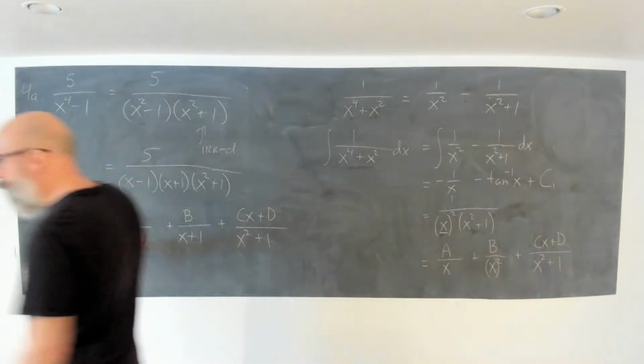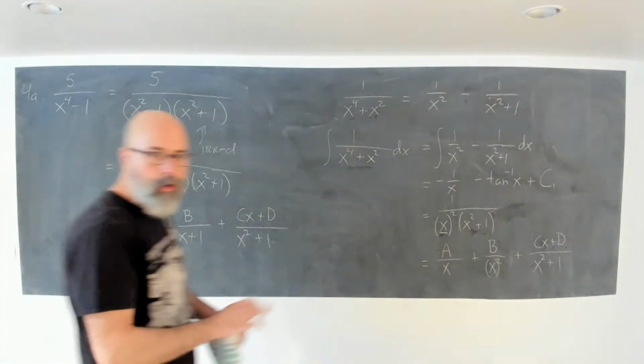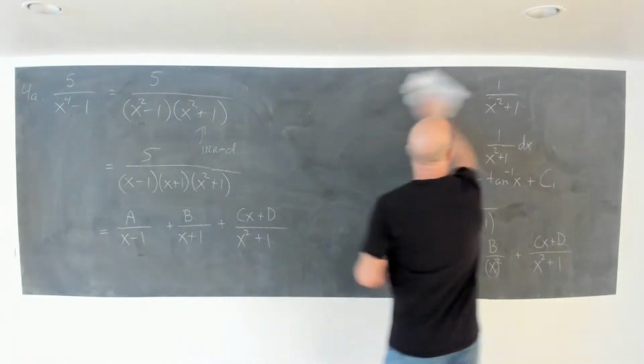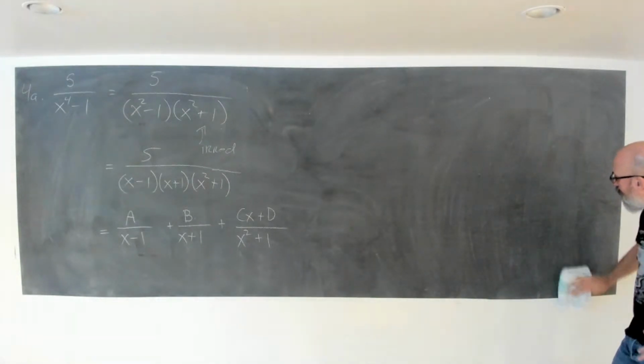Right, so again, the question, as it's stated in the book, this is the answer they're looking for. We're going to take it a step further for practice, and we're going to actually solve for A, B, C, D.